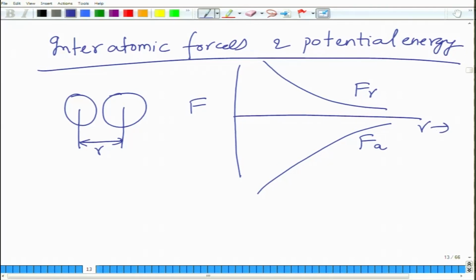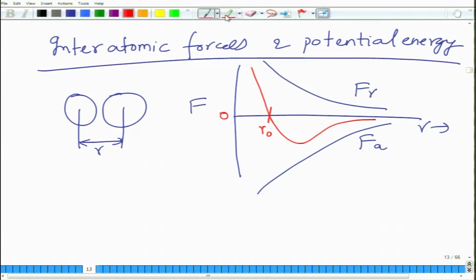The stable configuration is the configuration where the net force is equal to 0. A stable configuration is at a distance r naught at which the force is equal to 0.